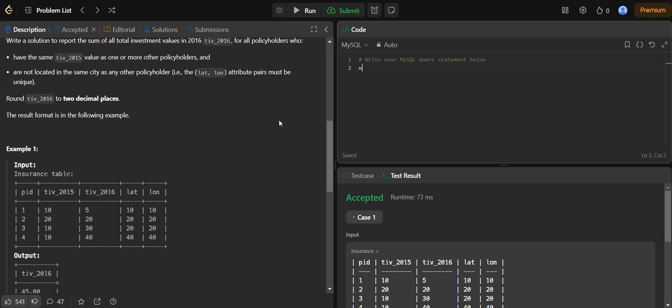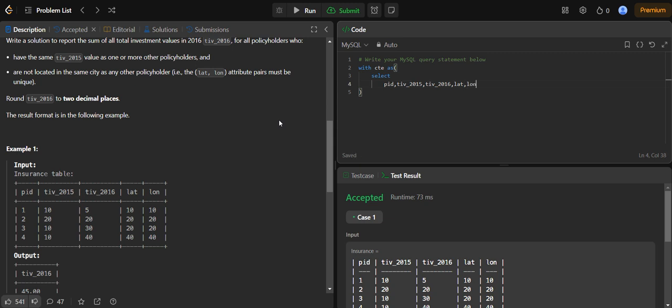So let us write this using a CTE. I will select the PID, then TIV 2015, then TIV 2016, then the latitude.